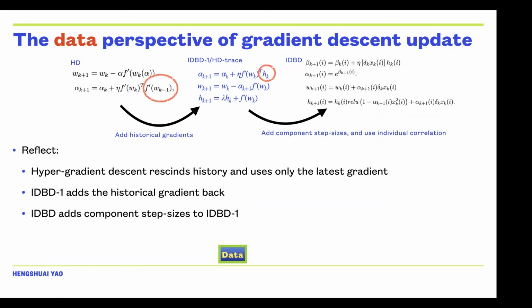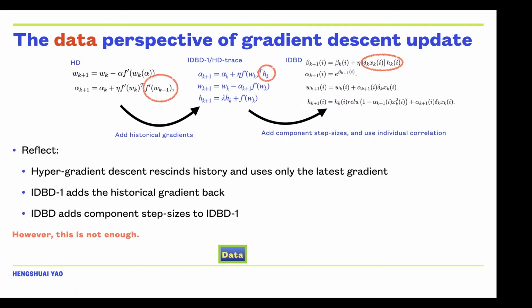Historical can also mean the latest. So basically, the historical gradient is used in some way, but this appears not enough. Just using the historical gradient is not enough.